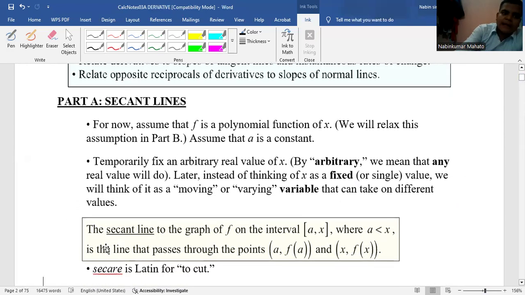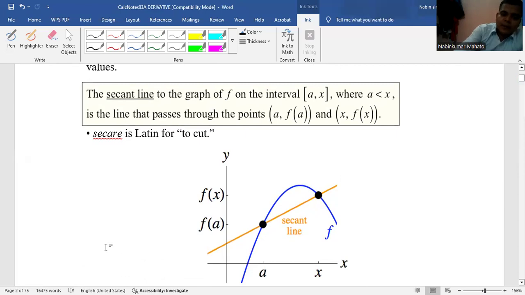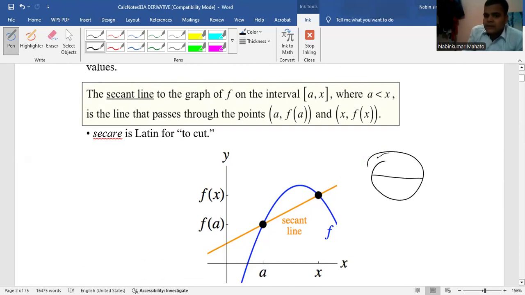Part A. Secant line. This is called the secant line. Secant line means, just like that, in a circle, if a line passes through the center, we call it the diameter.